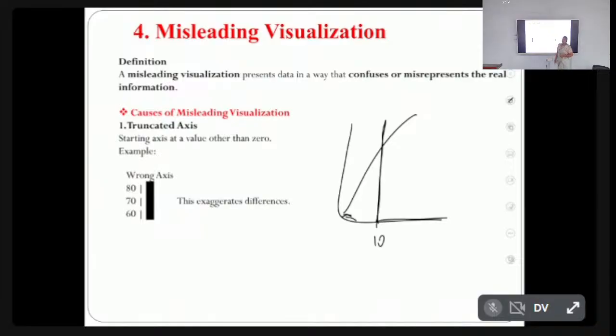Write down causes of misleading visualization. The first one is truncated axis.